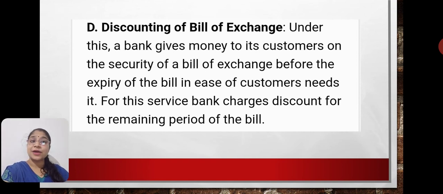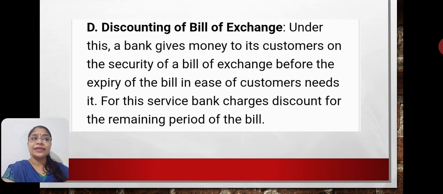Next comes discounting of bill of exchange. Under this, the bank gives money to its customer on the security of a bill of exchange before the expiry of the bill, in case of the customer's need. For this service, the bank charges a discount for the remaining period of the bill. Now suppose here are two persons A and B. A and B both have an agreement and they have signed a bill of exchange.